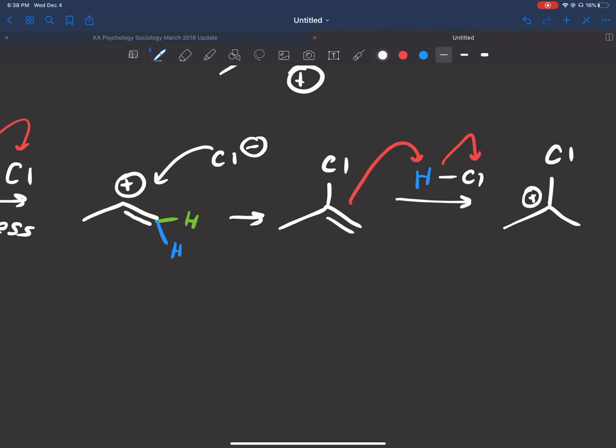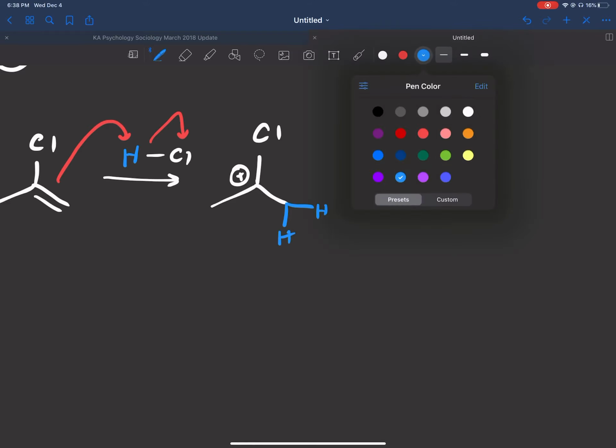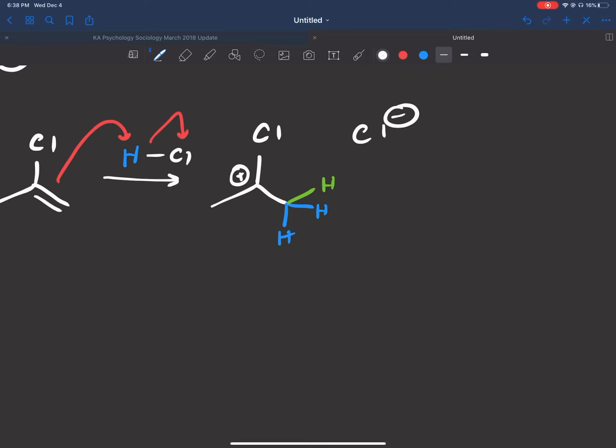Right, and now we have 3 total hydrogens, 2 blue, and another green on that carbon. And our other chlorine that we just kicked out from before is going to attack that carbon, giving us this compound.